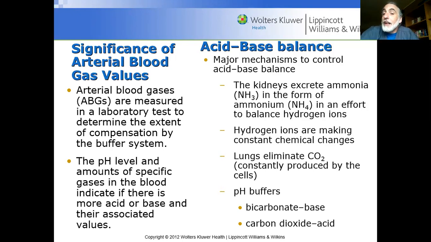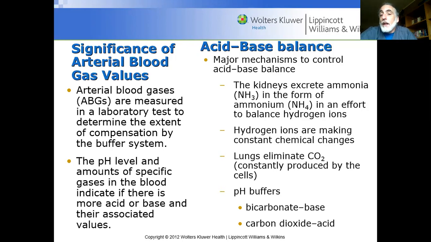Kidneys excrete ammonia, and you also get bicarbonate. Because pH is potential hydrogen, we're trying to balance out the hydrogen ions.